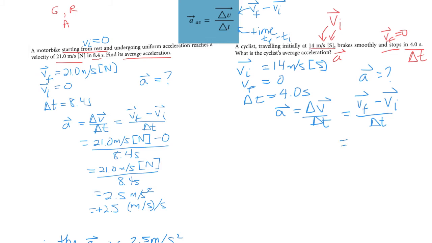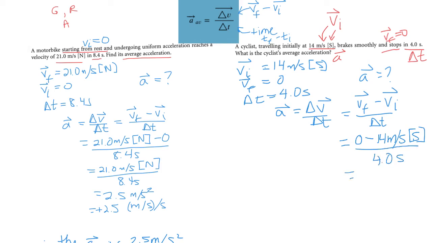So this one is a bit tricky because now it's my final velocity. That's 0. So I'm actually going to be starting with 0 and subtracting my initial velocity, which was 14 meters per second south. And I could put my time interval in as 4 seconds.